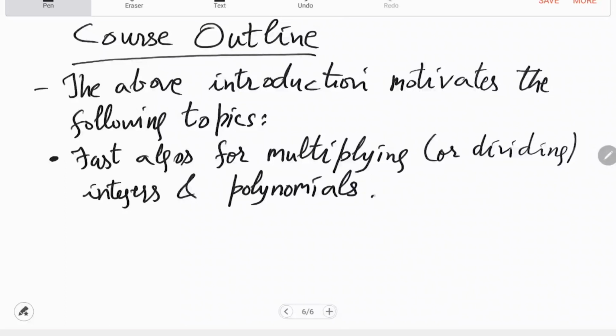Since these algorithms will be very algebraic, strangely we'll first do multiplication of polynomials in a fast way, and then we will use it to multiply integers. It will be the other way around. Multiplication of polynomials will for some reason be better to present first, and then that will be used to multiply integers also efficiently.